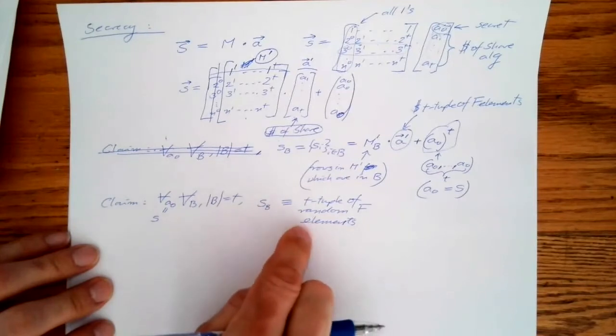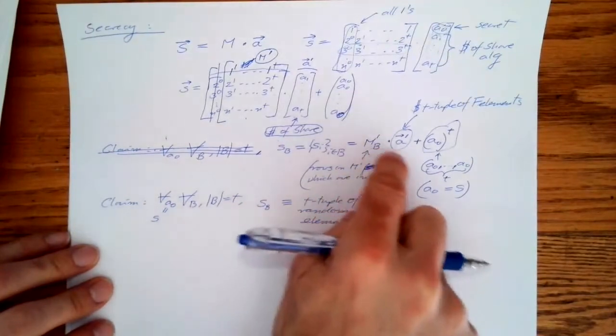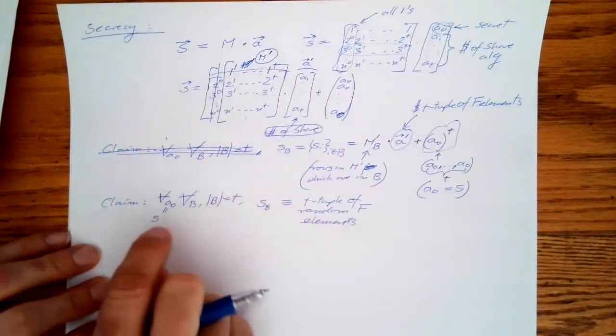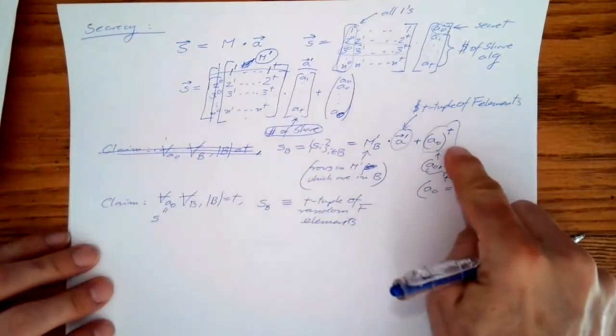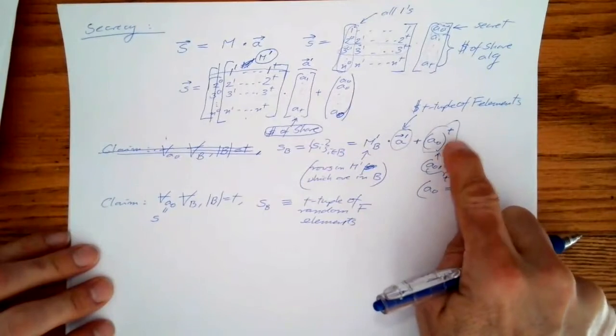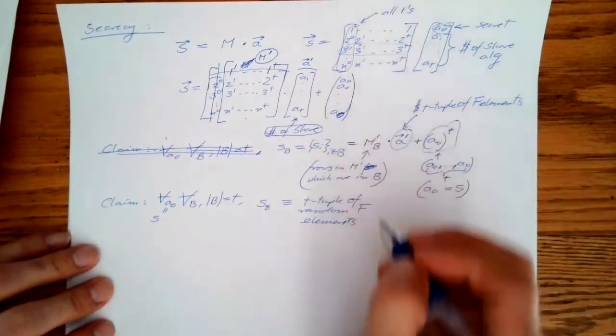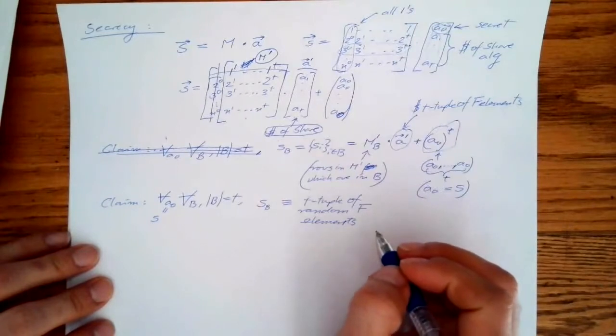It's actually easy to see that this is equivalent to a one-time pad. In other words, the distribution of these results is independent of this vector of A0s, because this part acts like a one-time pad.